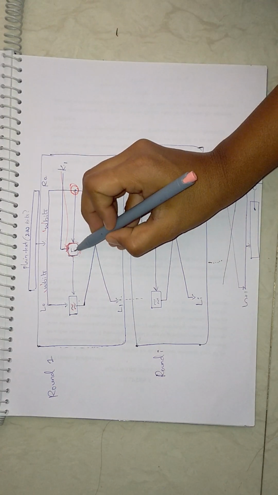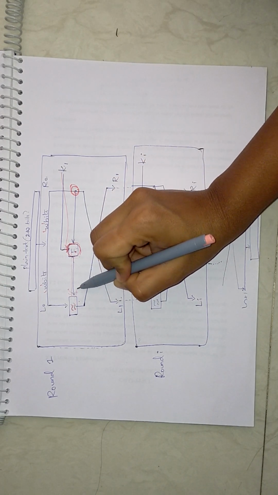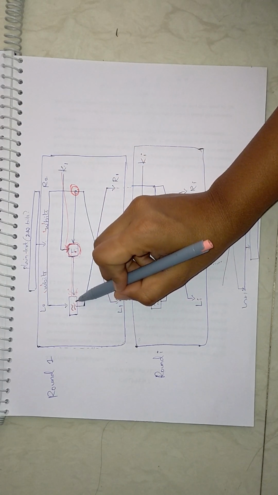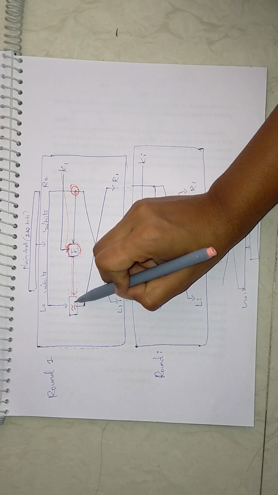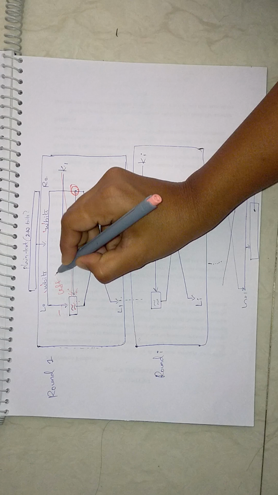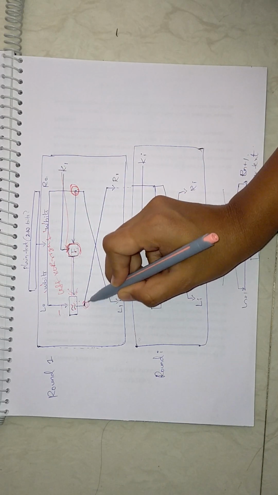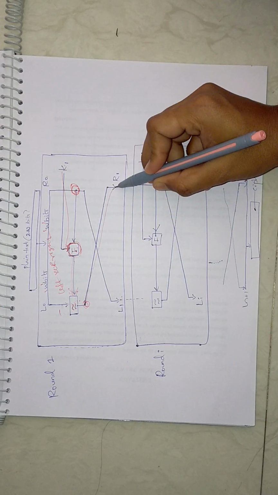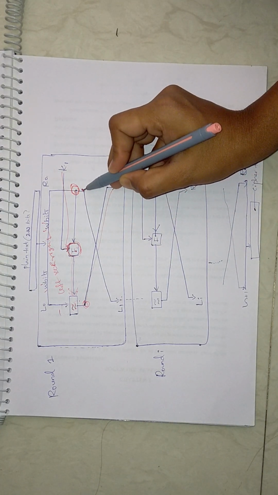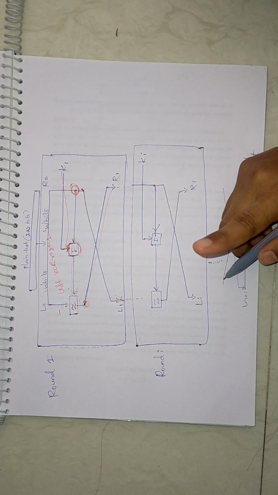Whatever form we obtain here, we send to the left part, where the XOR operation happens: left XOR right. We'll get some result, which will be sent to the right side, and whatever was on the right side goes to the left side. Up to here one round is completed.